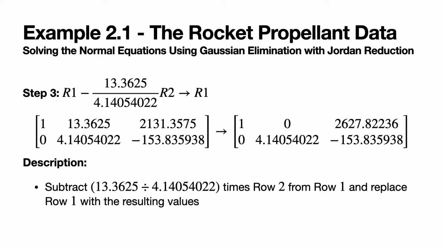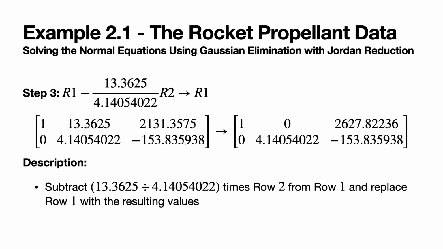Step 3 says to subtract 13.3625 divided by 4,140.54022 times row 2 from row 1, and then replace row 1 with the resulting values. And so again, we've got the matrix that resulted from the previous step on the left-hand side here.